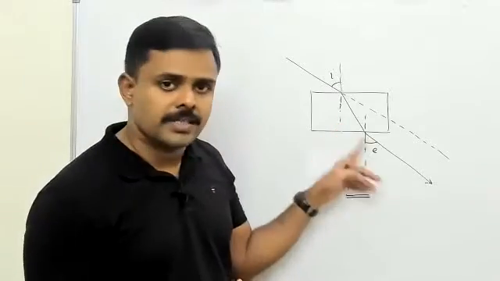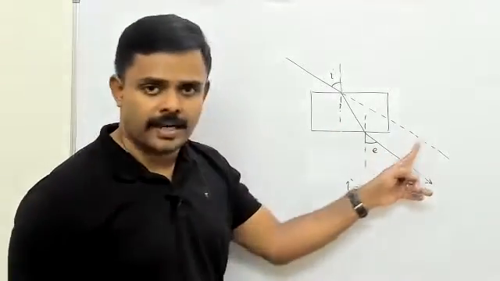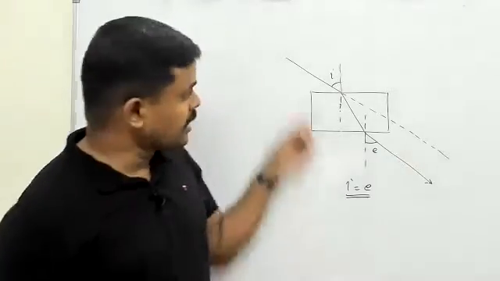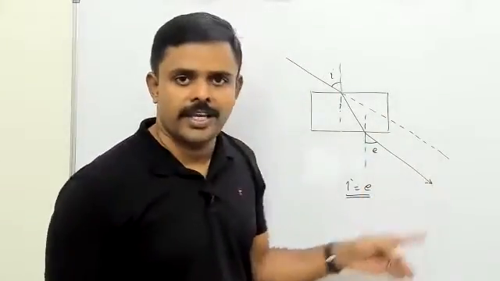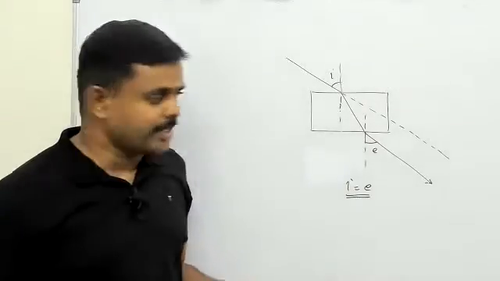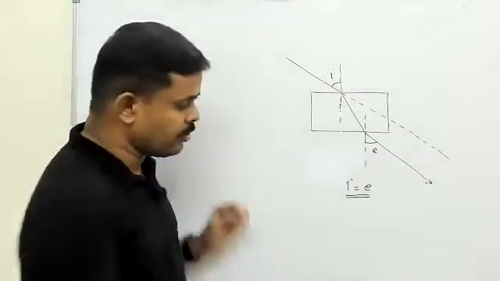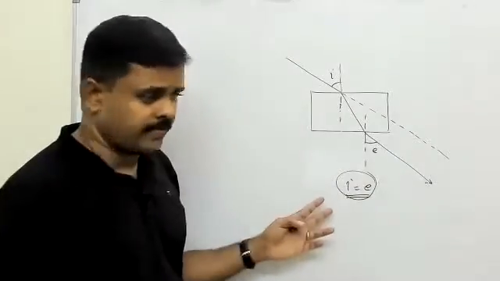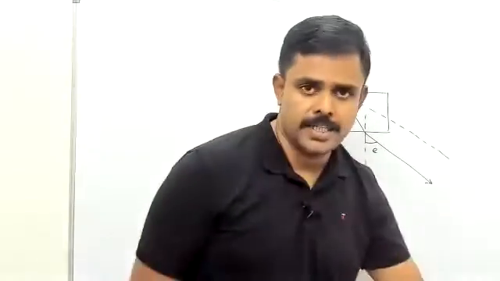Second one is from denser to rarer. But as you can see, the incident ray when extended and the emergent ray appear to be parallel, which makes this angle and this angle equal. Angle of incidence is equal to angle of emergence. Just note this down somewhere. That is point number one.